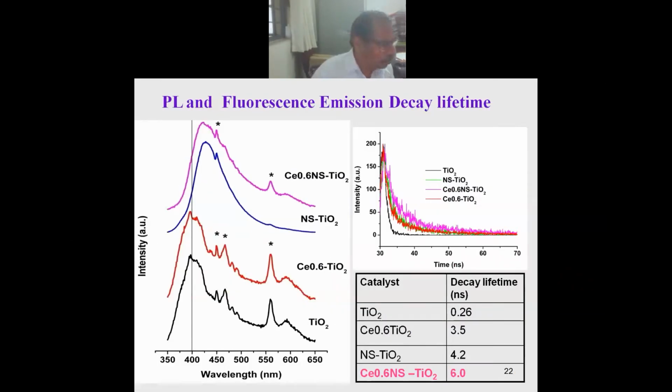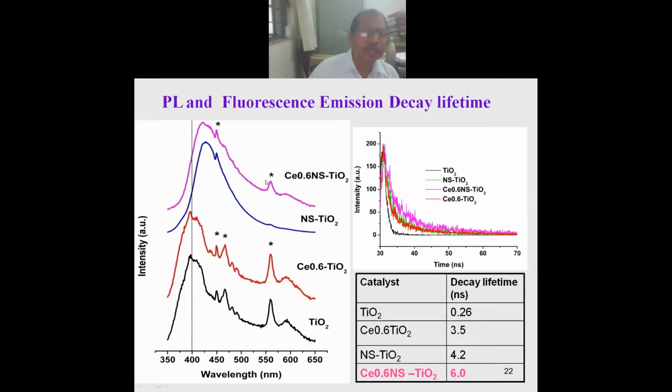This is the PL spectrum, photoluminescence. It shows that for NS TiO2 and ceria doped NS TiO2, a broad peak is observed, and it is shifting towards higher wavelength. And this is the fluorescence lifetime.